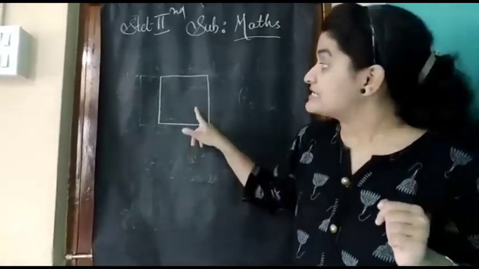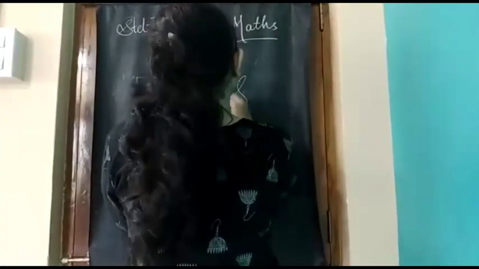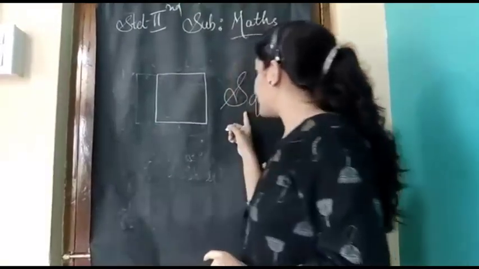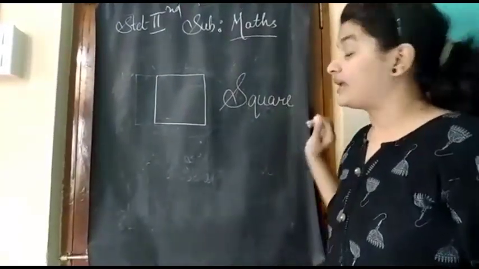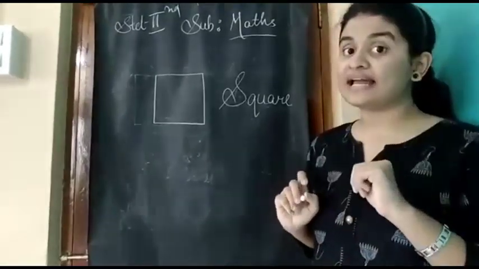Okay? इस फिगर का नाम क्या है? Square. S-Q-U-A-R-E. Square.